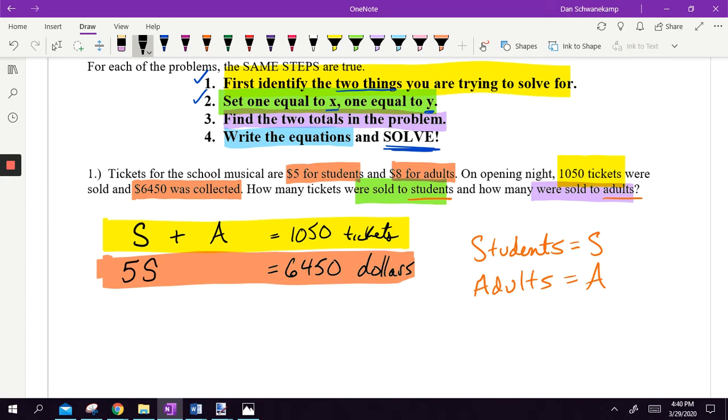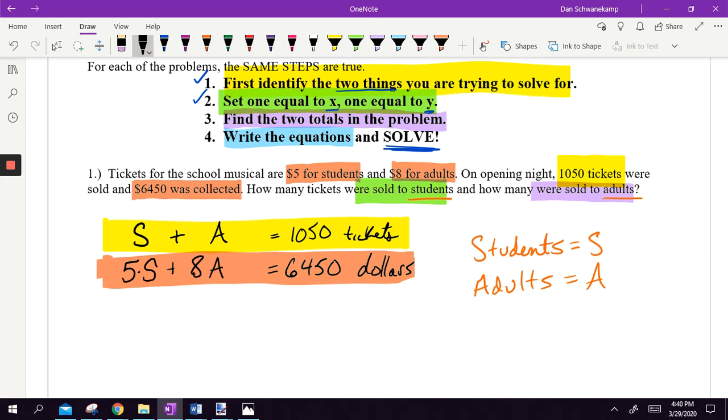So $5 times every student. So basically every student has to pay $5 plus every adult is going to have to pay $8. 5S plus 8A is going to be equal to 6,450. Boom. That's my answer there. That's my two equations, and that's all we're doing today.